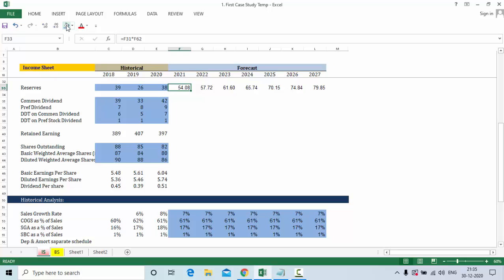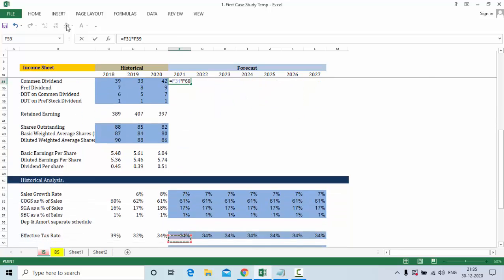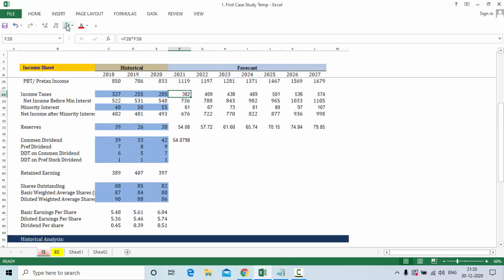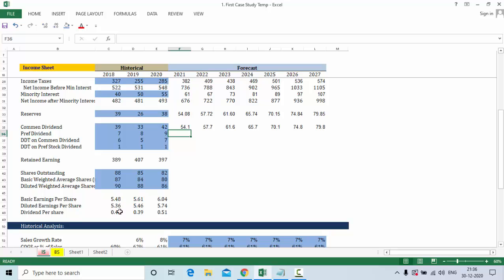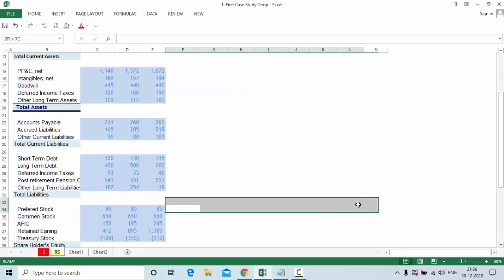To forecast dividend, take profit after minority multiply by dividend payout ratio. Okay. Now to forecast preference dividend, what you need to do? First, we have to forecast our preference stock. We do not have preference stock in the future.